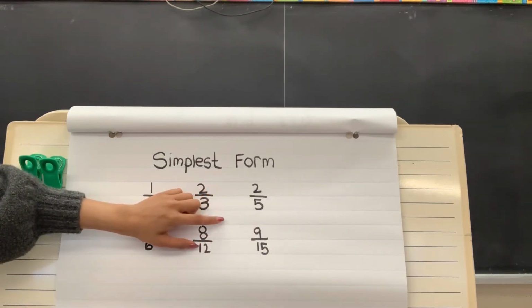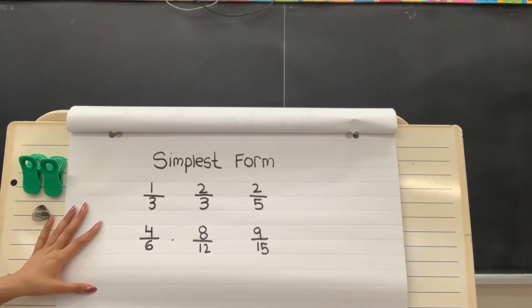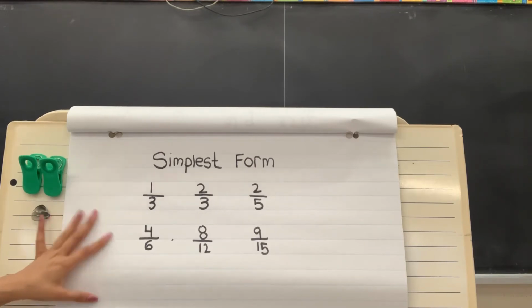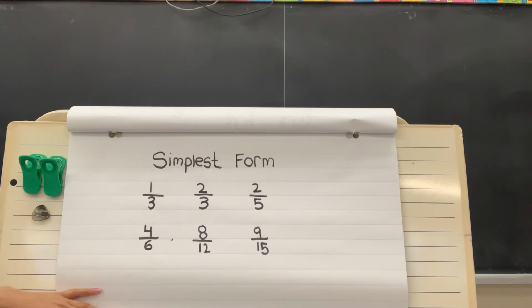Oh yes, and also anytime the numerator and denominator can both be divided by the same number, we do not have the simplest form of the fraction. So that means we need to find the simplest form of the fraction.